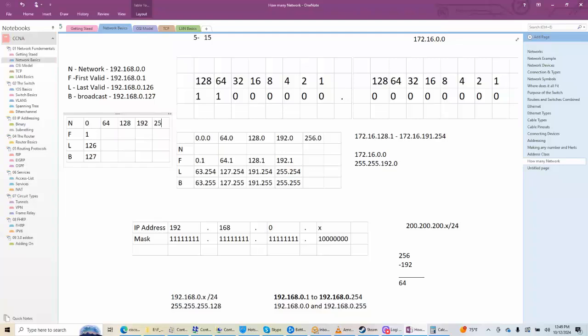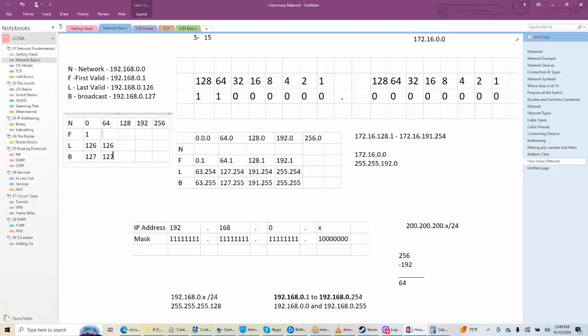See how they just keep popping up? And then 256. Also, what you're going to realize is that every time I add another bit, the number of networks is going to double. Remember, with a 128, I only had 2 networks possible. Here I have 4. 1, 2, 3, 4. Let's fill in our numbers here. Now this is 127. This is 126.